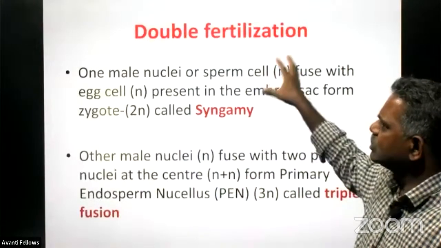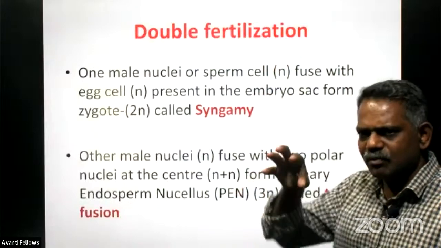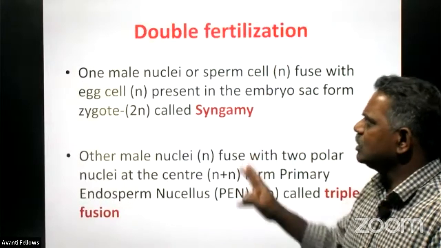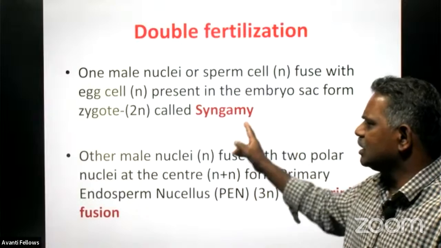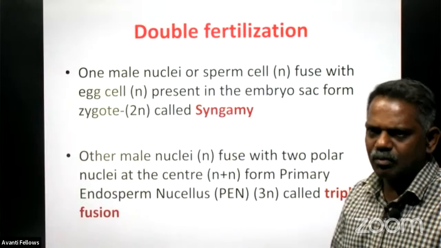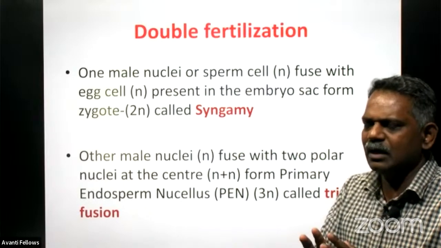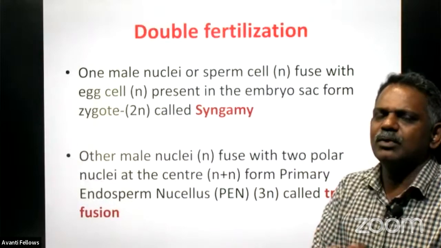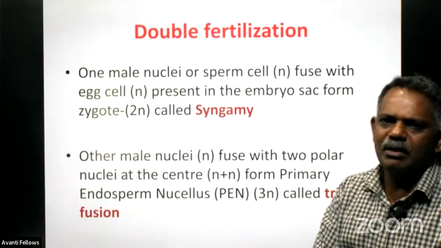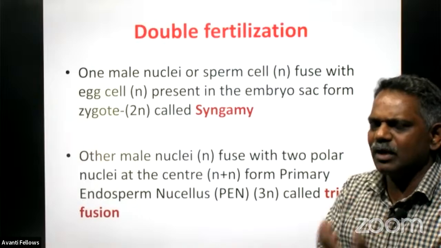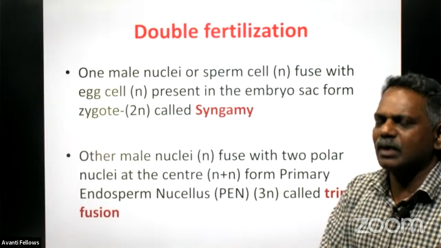And whenever we are discussing double fertilization, we have to mention two things here. One is syngamy, and another one is triple fusion. Fertilization in angiosperms is not like any other organism. Here there are two fertilizations.